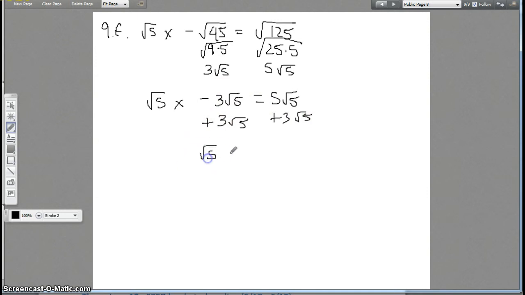So we end up with the square root of 5 times x is equal to 8 square root 5. And now to get the x by itself, we need to divide both sides by square root 5. So when we do that, these square root 5s cancel, those square root 5s cancel, and we're left with x is equal to 8. So this was number 9. It is just like number 15 that I assigned for homework.